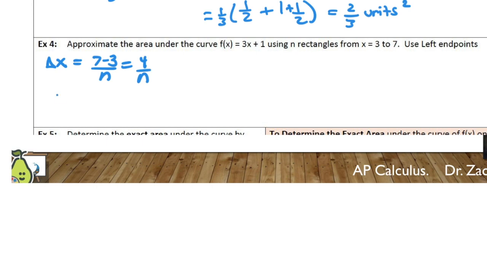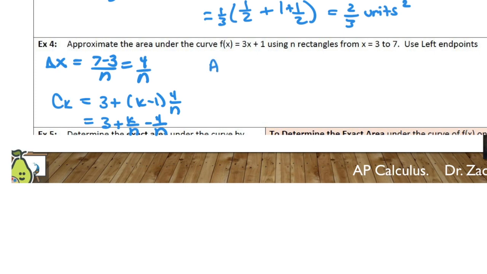That's good. Your c sub k, now, using the left endpoints, that's going to be 3 plus the quantity k minus 1 times your delta x, which is 4 over n. Simplify, and we get 3 plus k over n minus 4 over n.